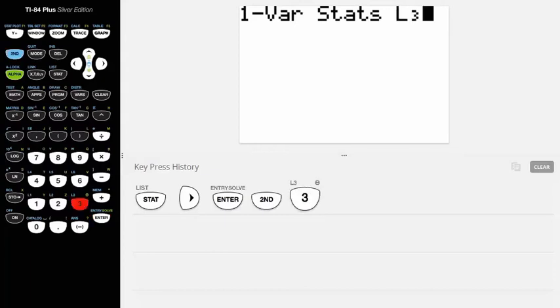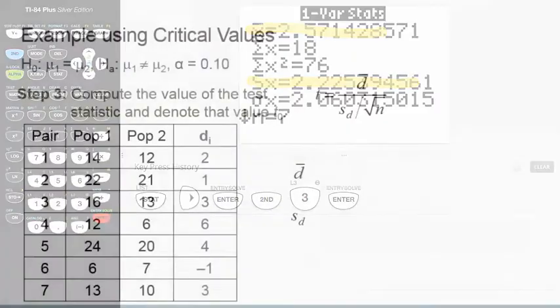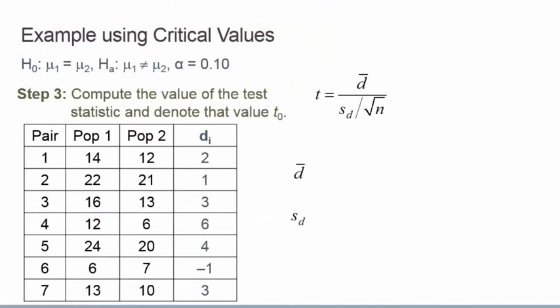Second, 3 types in L3, enter, and I have a mean of 2.5714, and we want the sample standard deviation of 2.22539. Rounding to 3 decimal places, d bar equals 2.571 and s sub d equals 2.225.